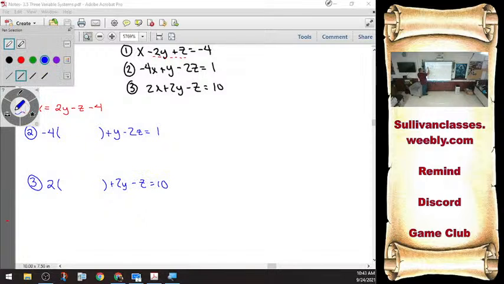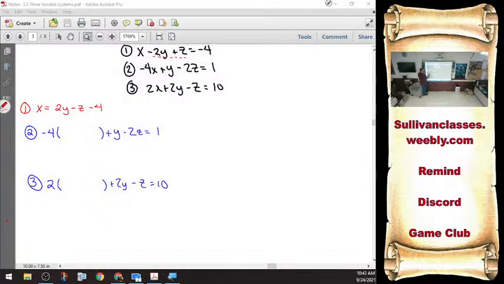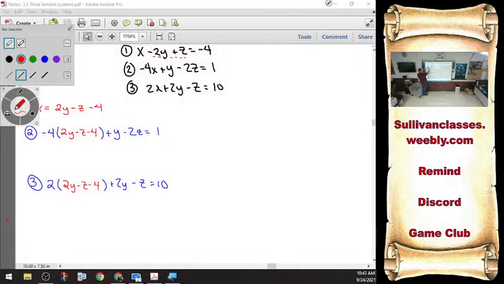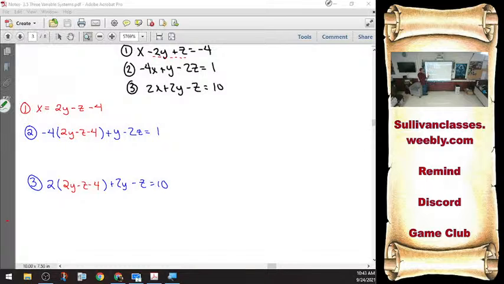And in there goes my x stuff. 2y minus z minus 4, 2y minus z minus 4. Simplify both. Call that -8y plus 4z plus 16 plus y minus 2z is 1.